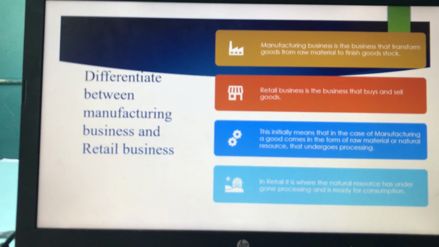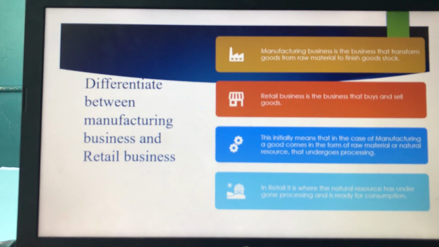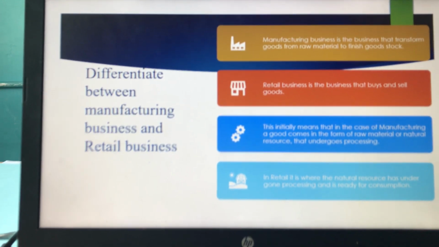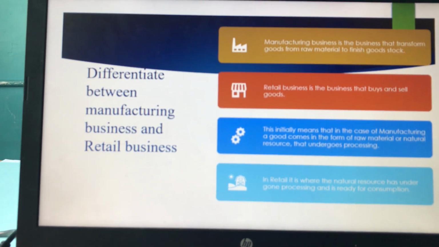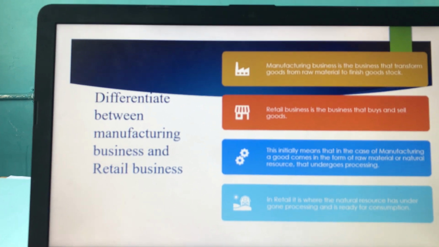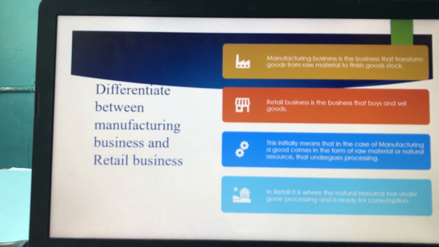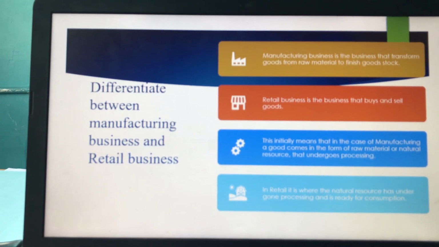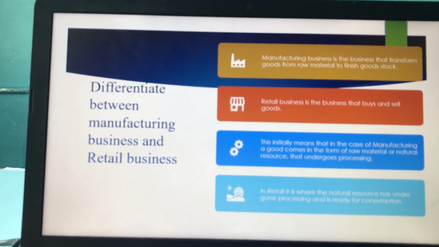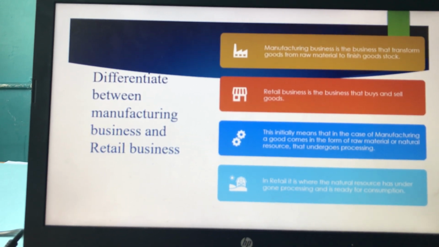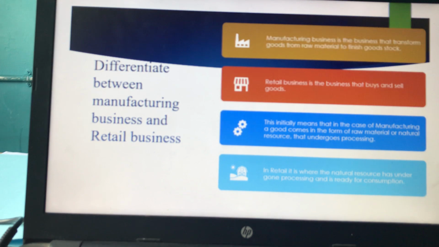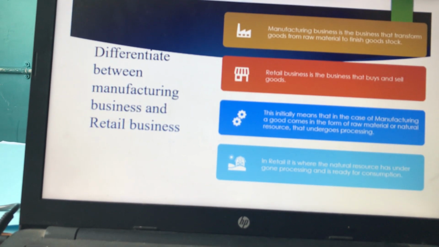And this now is the difference between a manufacturing business and a retail business. A manufacturing business is the business that transforms goods from raw materials to finished goods. Meanwhile, a retail business is the business that buys and sells goods as they are finished. This means that in manufacturing, a good comes in the form of raw materials or natural resource.